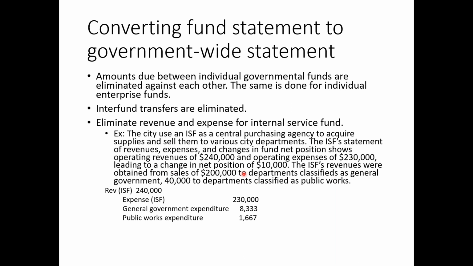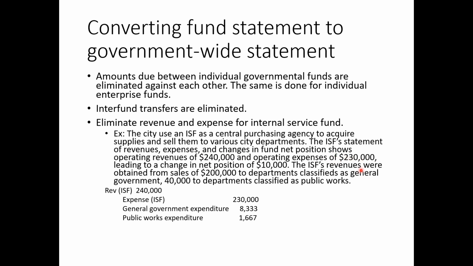Okay, so eventually we're going to combine them together. Let's think about it. The internal service fund sold $200,000 to general government, so the general government is going to post their expenditure, right, $200,000, and the public works is also going to post their expenditure, $40,000, right? But for the same transactions, the internal service fund books revenue of $240,000, then books expense of $230,000.